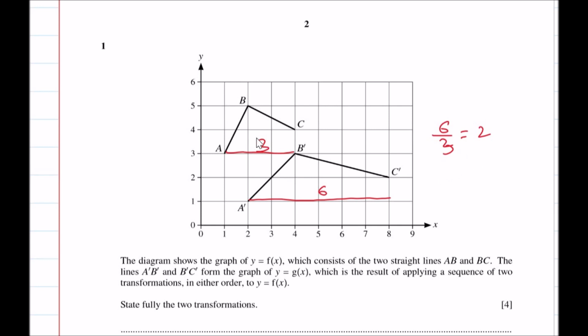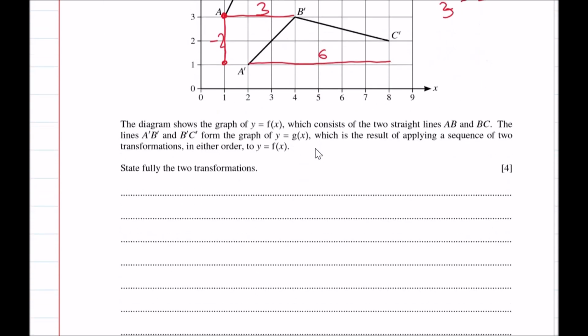Now, what is the other transformation involved here? You can see B, or you can take A. See, A is here. We are coming down 2 units. So negative 2. There is a vertical translation of 2 units downward. So how to write this? We can write in any order.